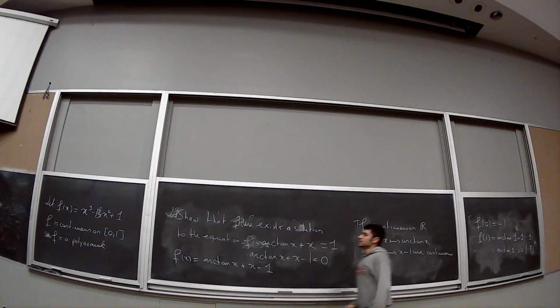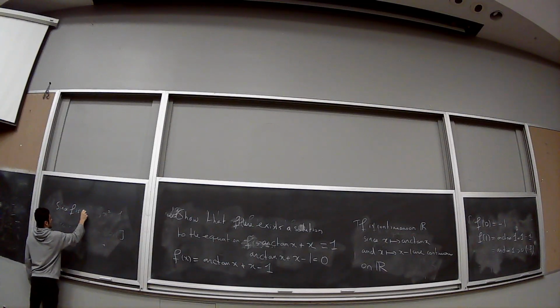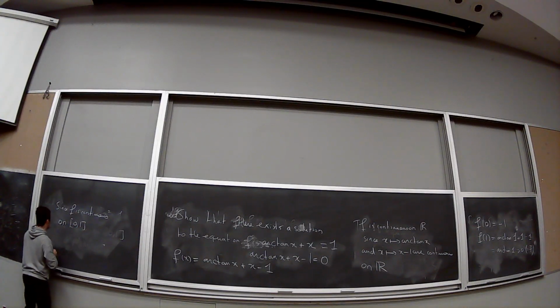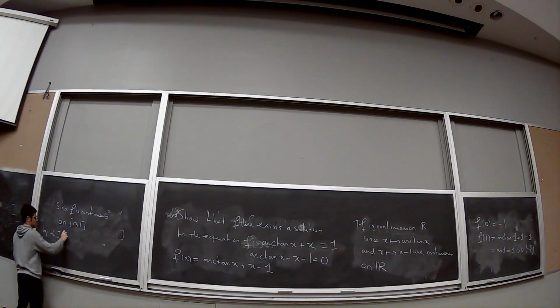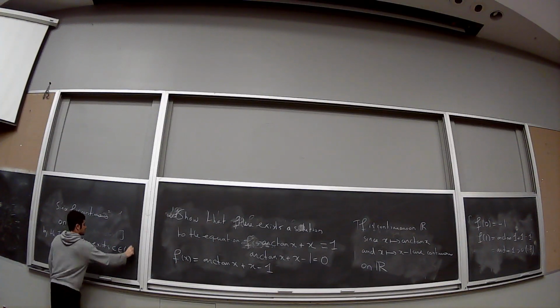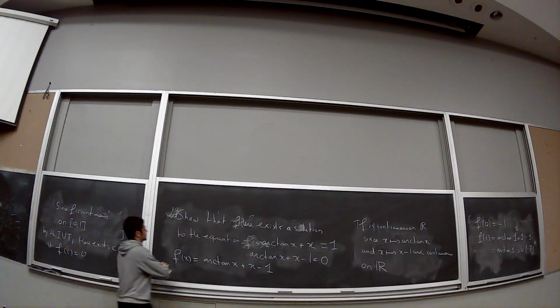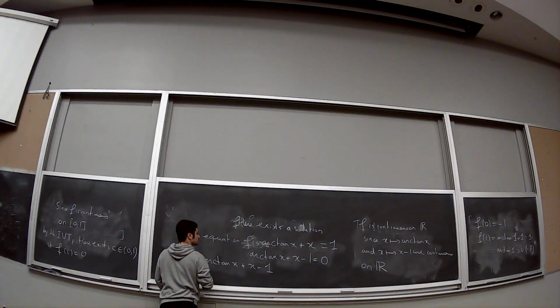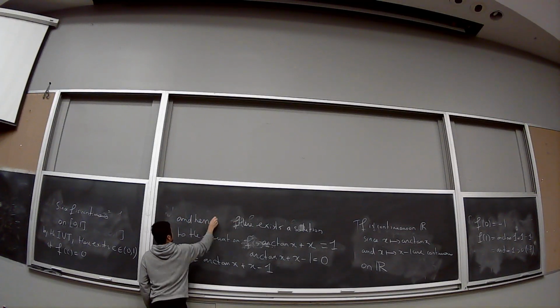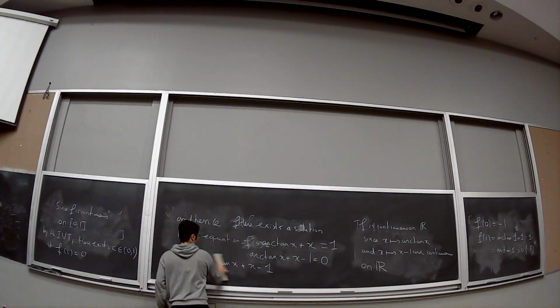Now, by the IVT, what can I say? Since f is continuous on [0, 1], by the IVT there exists c in (0, 1) such that f of c is equal to 0, and hence there exists a solution to the equation arctan x plus x is equal to 1.